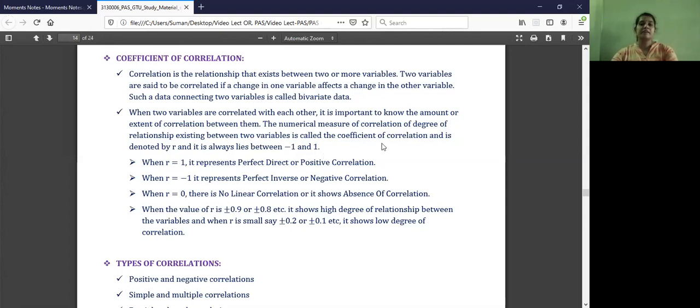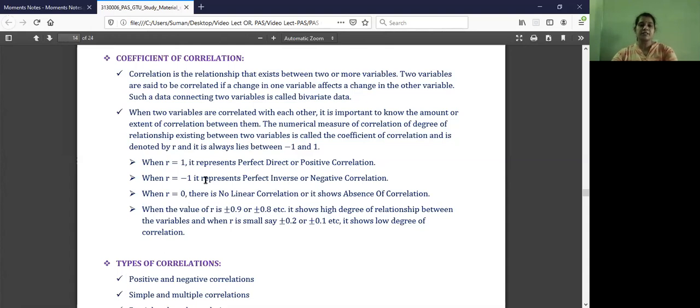So we write -1 ≤ r ≤ +1, but the value of r is between -1 and +1. That means -1 < r < +1.